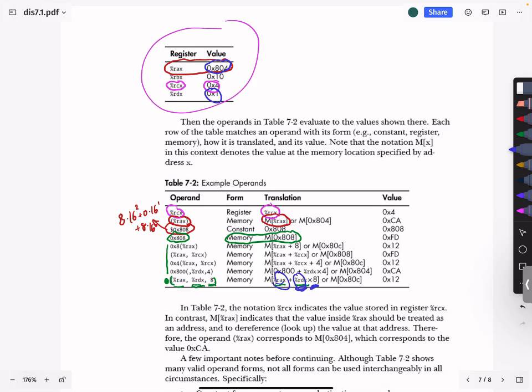And then if you did 804 plus 8, you would get 80C in hex, because 4 plus 8 is 12. The code in hex for 12 is C. No other digits are affected because there's no carry. So that's this most general form of a 3-place memory form.